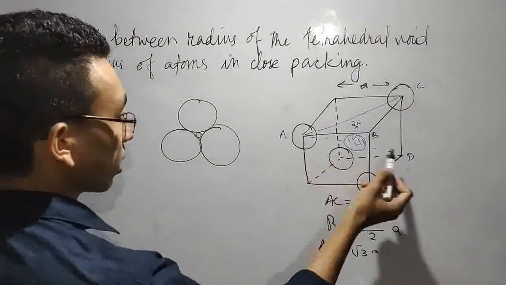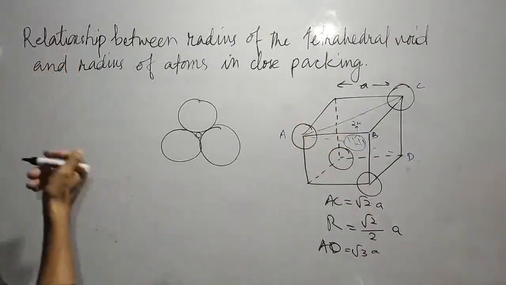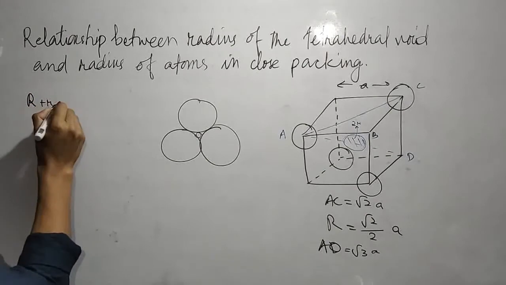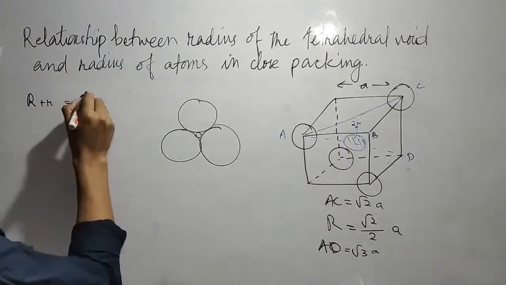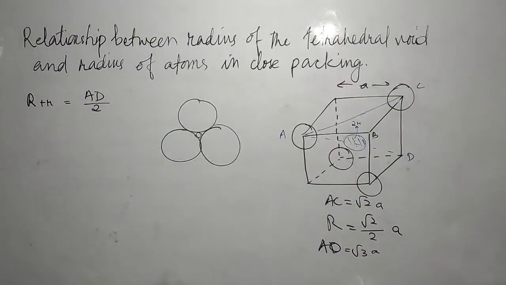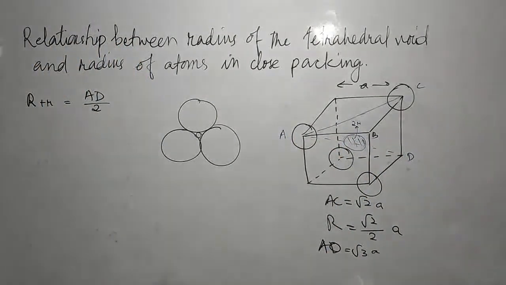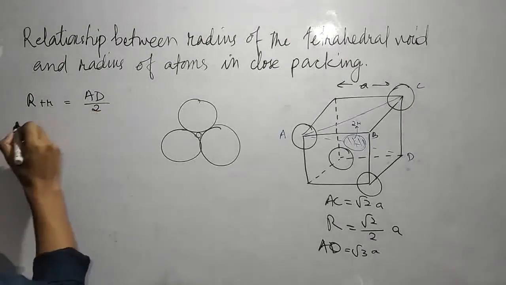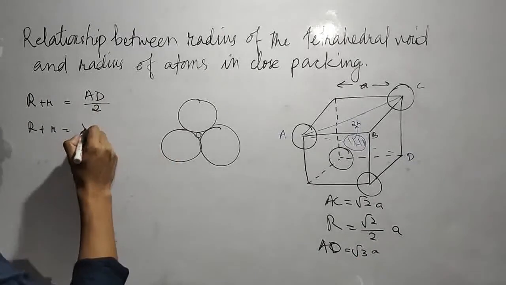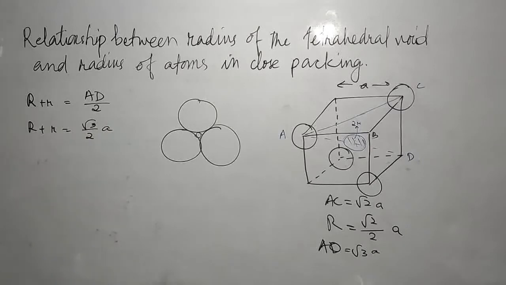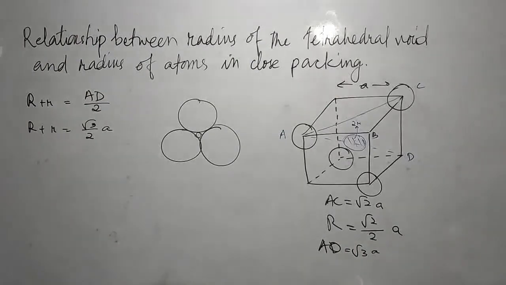As we can see from here, the radius of this atom plus the radius of this void, R plus r, is equal to half of AD, if we see along this diagonal. Therefore R plus r equals, what is AD? AD is root 3 by 2 a. Now earlier we got the value of R, that is root 2 by 2 a.